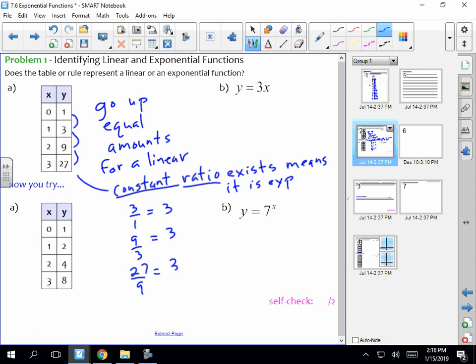You're looking for a constant ratio between the next term and the previous term, all the way throughout the whole table. So this one, right next to it, is exponential, because it goes up by a constant multiple of 3.